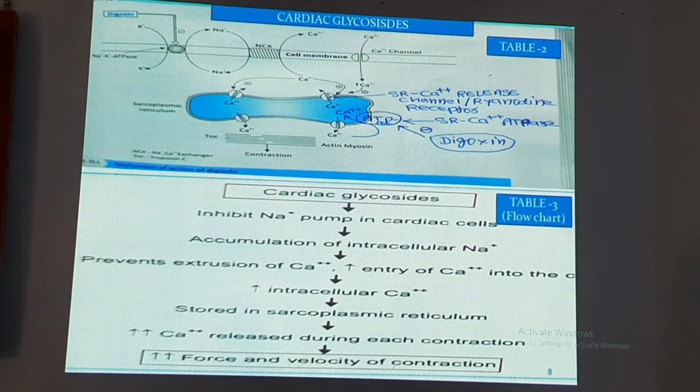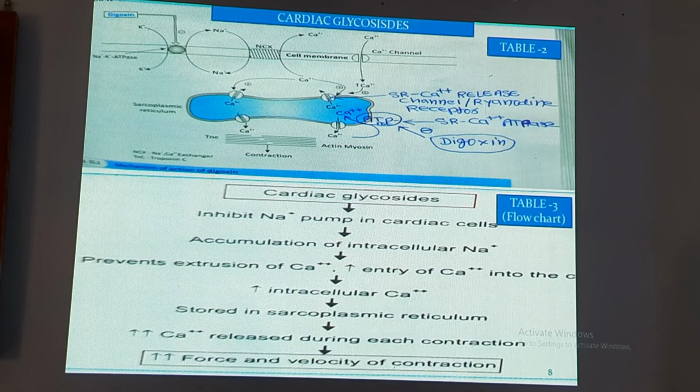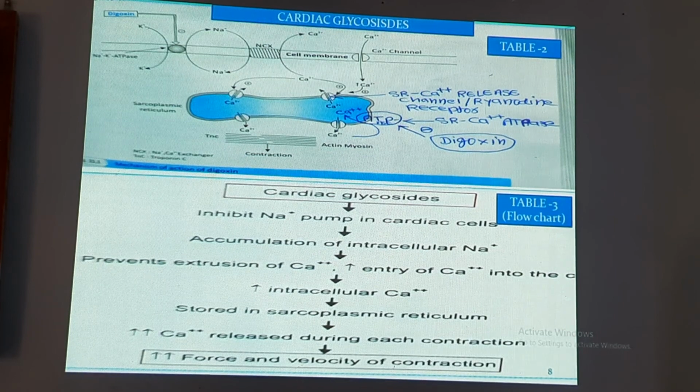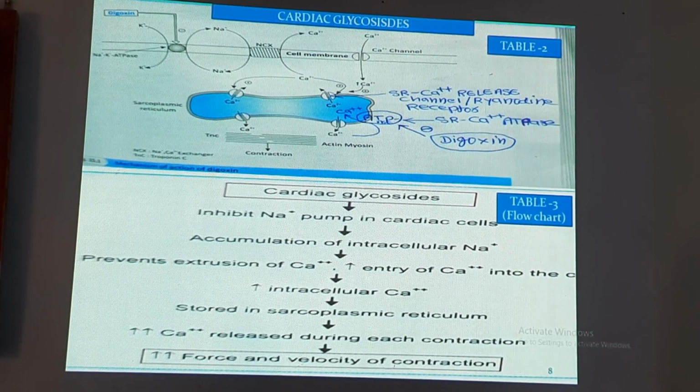Look at this diagram: digoxin's first action, in the right uppermost corner, is that it inhibits sodium potassium ATPase.